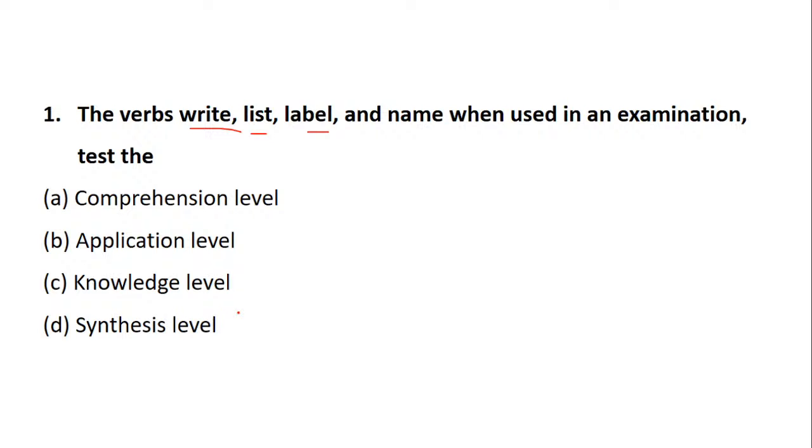Comprehension level. Okay. Students have already started answering. Others, read it once and answer. The verbs given are write, list, label and name. When used in the examination, which level will be used, from the given levels?